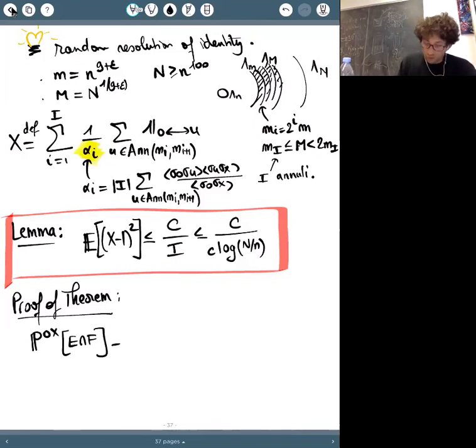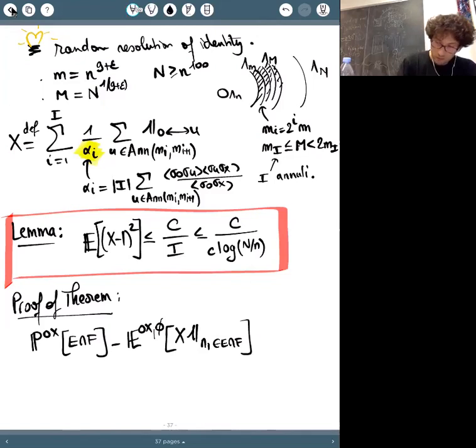But what I'm going to first do is I'm going to compare it to the following: X times indicator that N1 belongs to E inter F. Okay, I want to bound this. So how do I bound this?